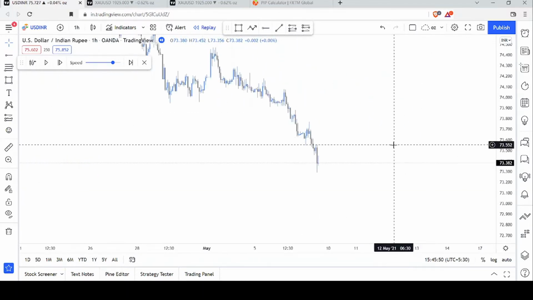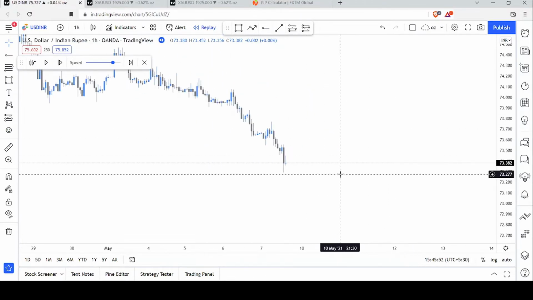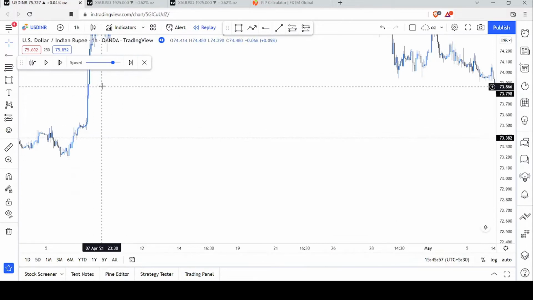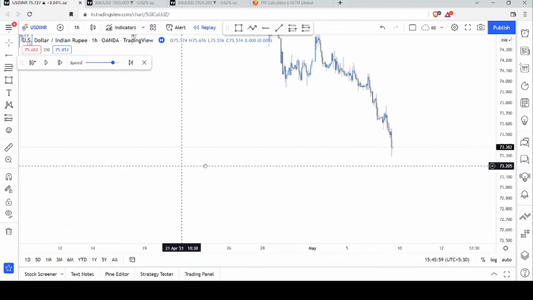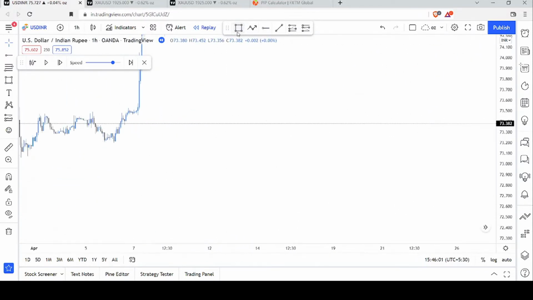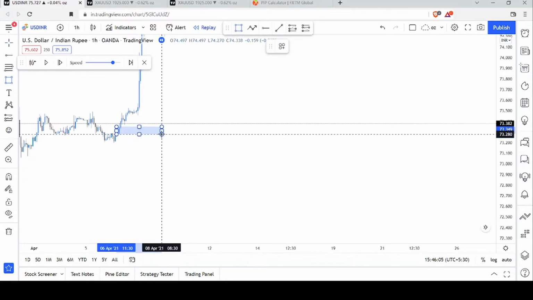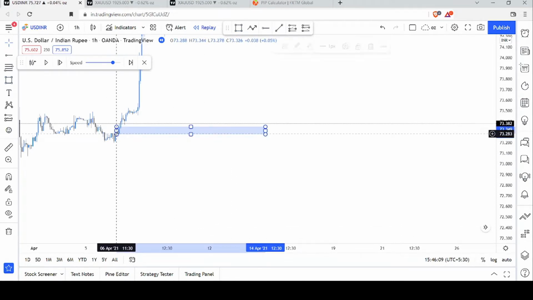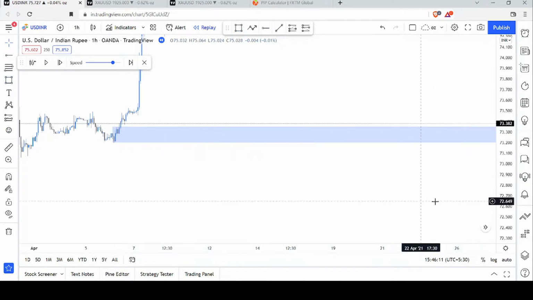So what's important here is that we have a zone right here, or even the last one. So let's just use this.